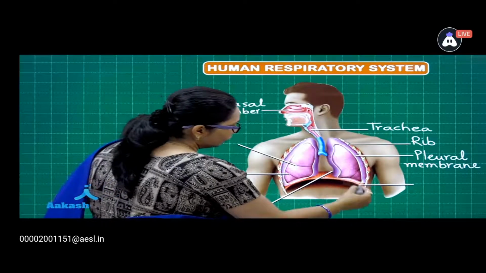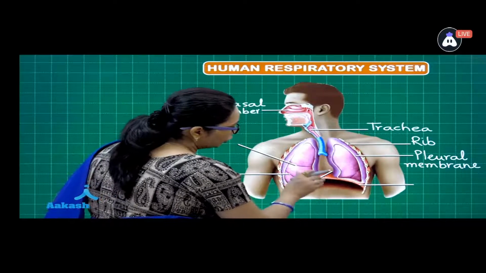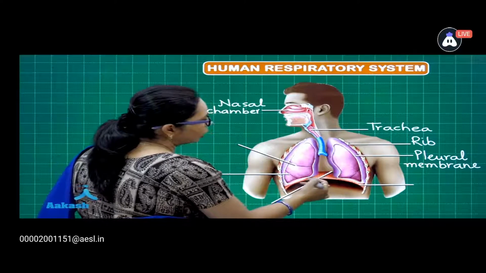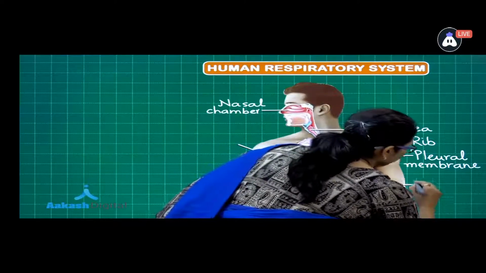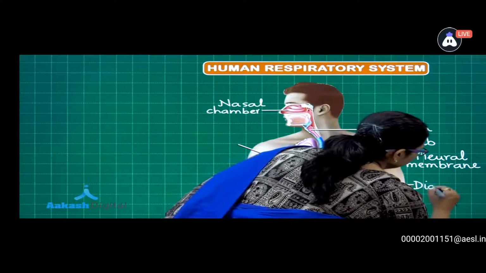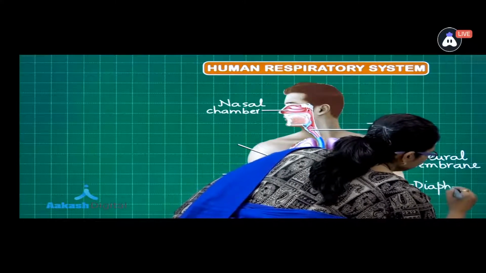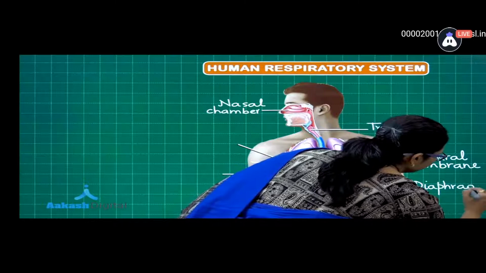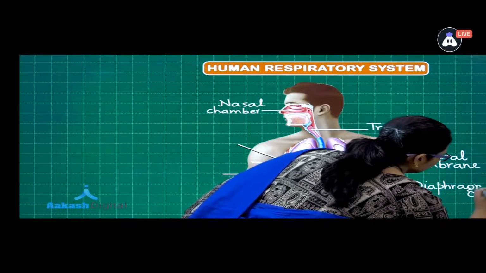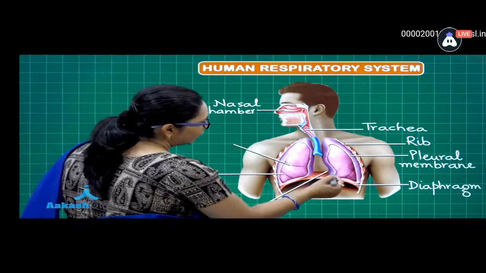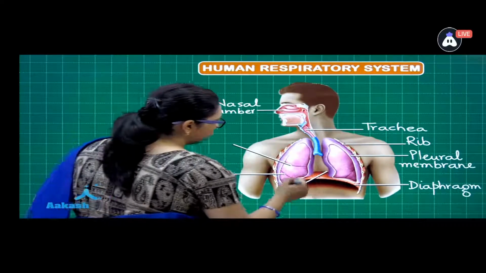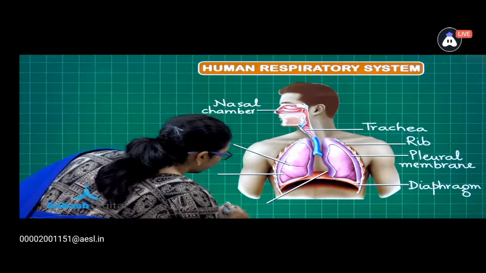Now the thoracic cavity, at the base we can see there is a muscular structure, and this muscular structure is the diaphragm. And here this notch that we see, this one is the cardiac notch.